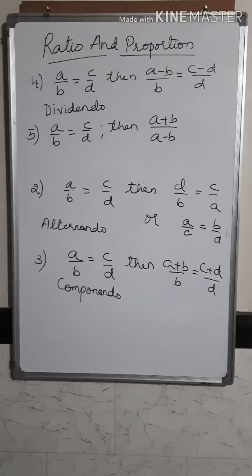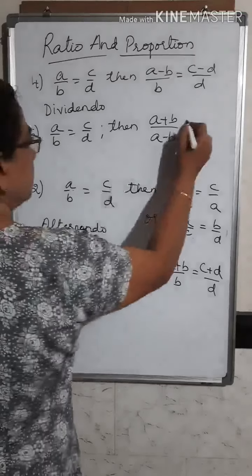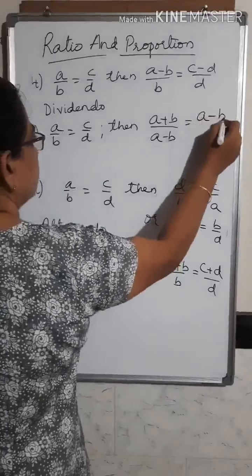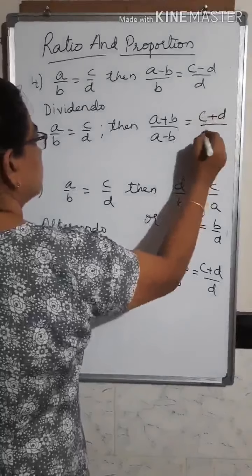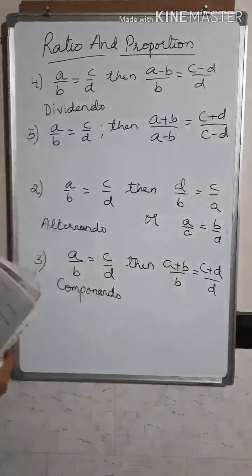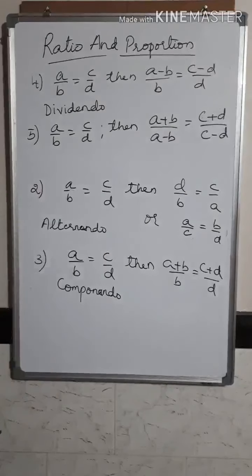Same thing you have to do on the right hand side. So this will be equal to C plus D upon C minus D. So this property is called componendo dividendo.